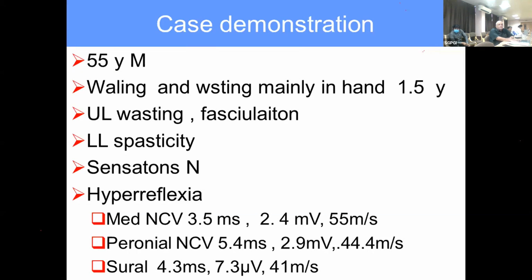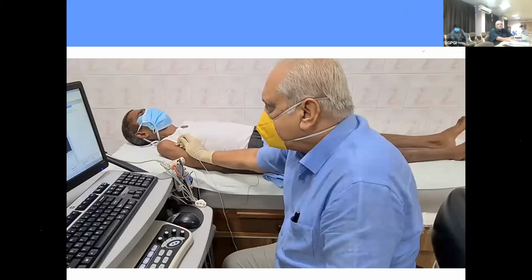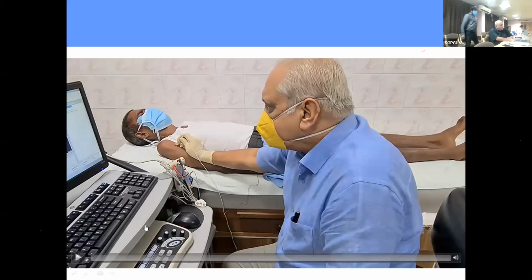Median nerve conduction normal, CMAP slightly reduced, peroneal conduction again CMAP slightly reduced with 44 meters per second, and pseudoconductions nicely present. So the classical, but what I'm saying is that these nerve conductions should be done before doing EMG examination. Now I will show you, these are unedited videos, so please excuse me if you do not find them very neat, but this is what it is.